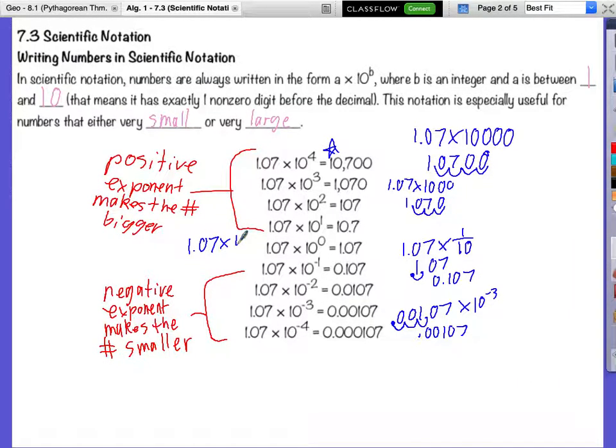And then you'll just get itself, right? When 10 is to the power of 0, it stays the same. Questions on this before we go on and start using it a little bit? It's all about moving the decimal.